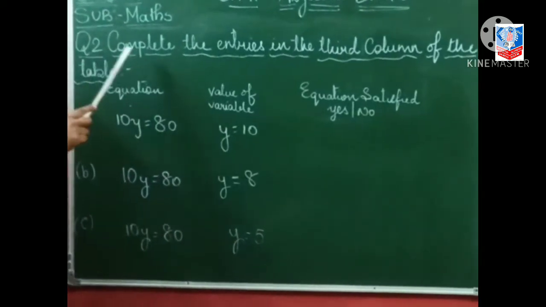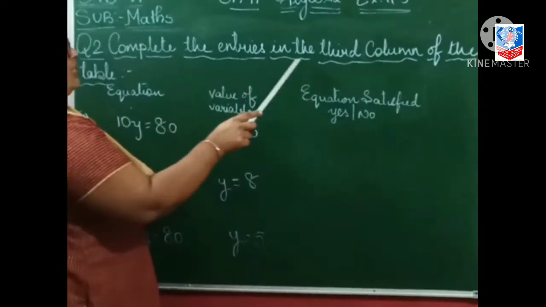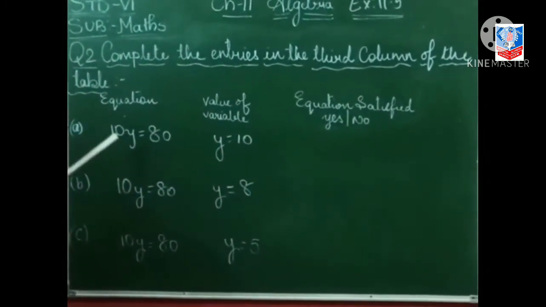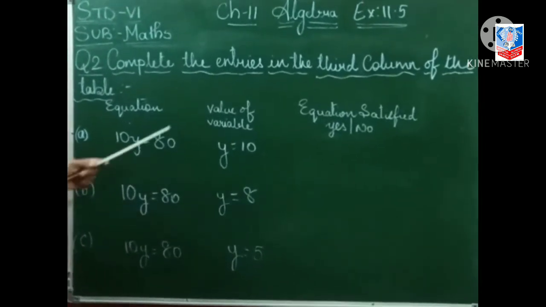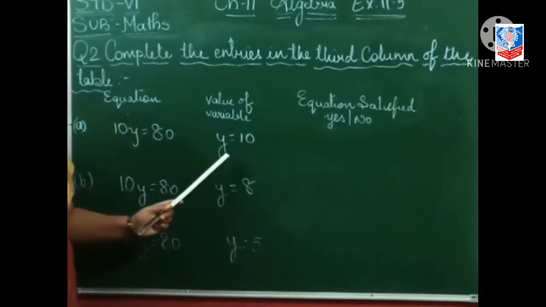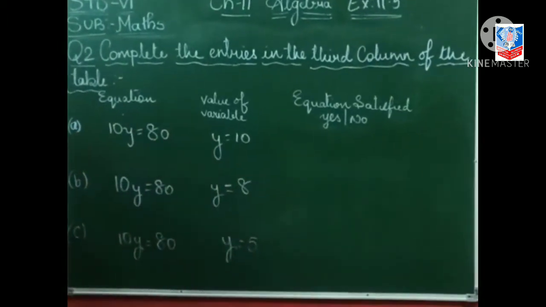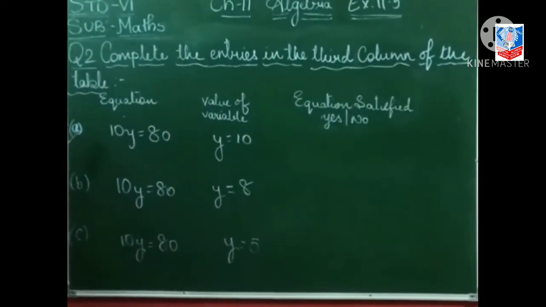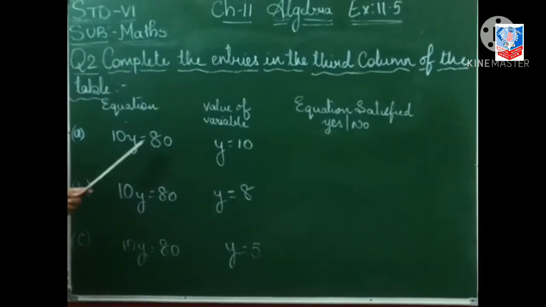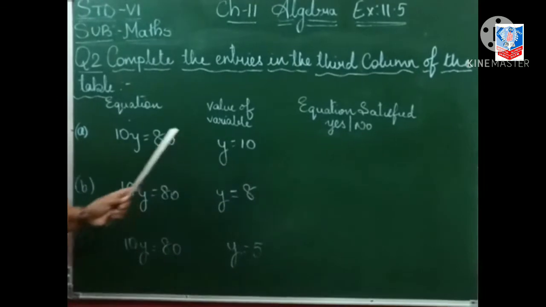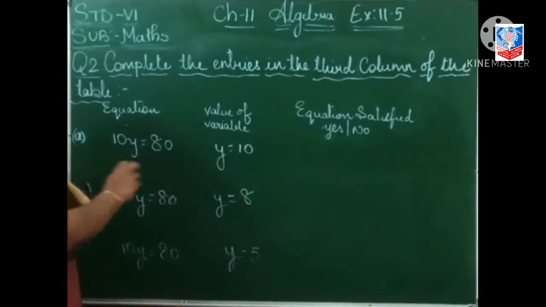Question number 2. Complete the entries in the third column of the table. Now see, the equation is given, the value of the variable is given. We have to find whether the equation is satisfied or not. Now first equation is 10y is equal to 80 and the value of y is given 10. Now let us see how we will do.